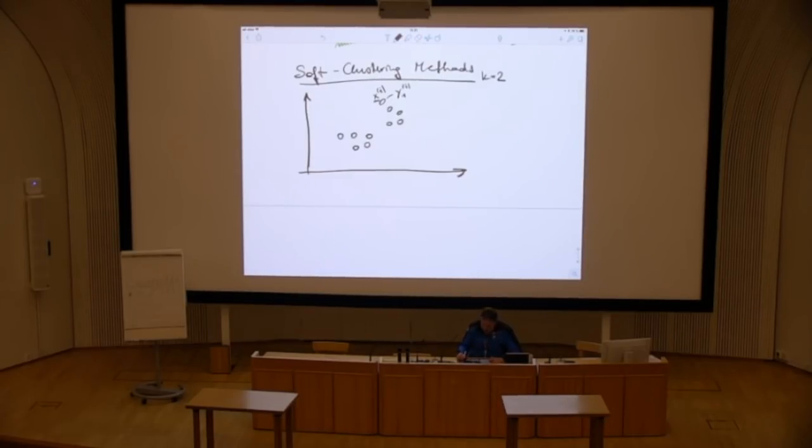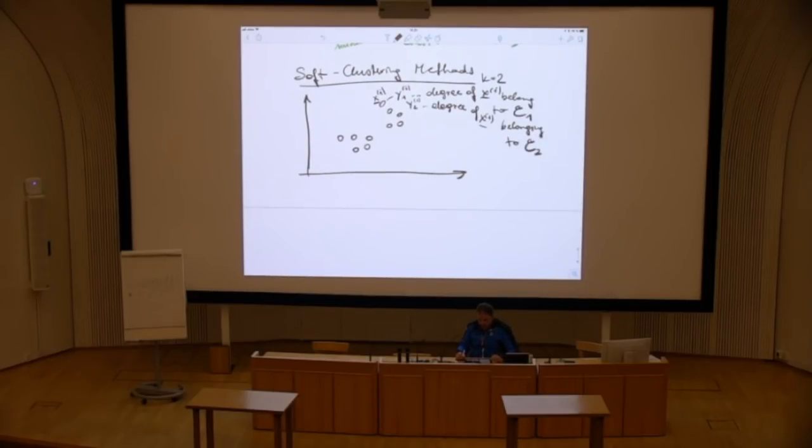We define yi1 as the degree of xi belonging to cluster 1. But we also define for this same data point another quantity, the degree of xi belonging to C2.